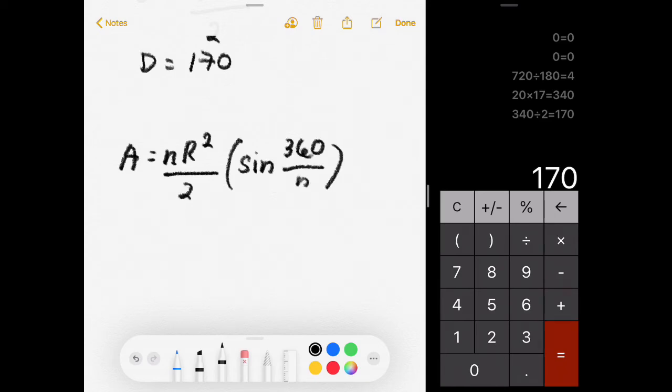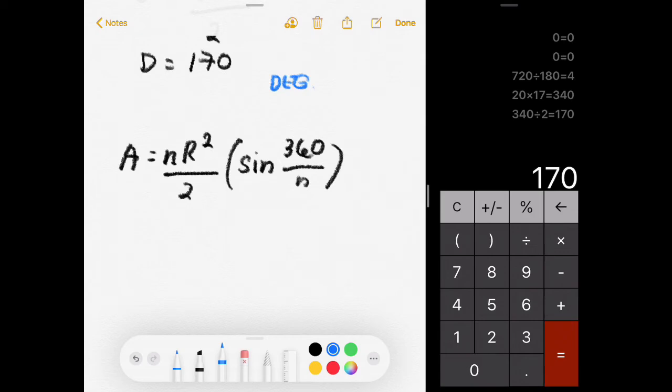Take note for this instance, si sine mo, you need to double check your scientific calculator. It should be in degrees mode. Always keep in mind every time you calculate what is required. Is it on radians? Is it on degrees? Because it's gonna have a problem kapag nagkamali ka ng application.